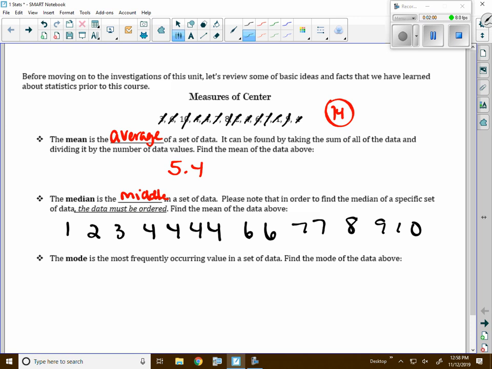All right, just double check your numbers. Make sure that you have 14 of them.